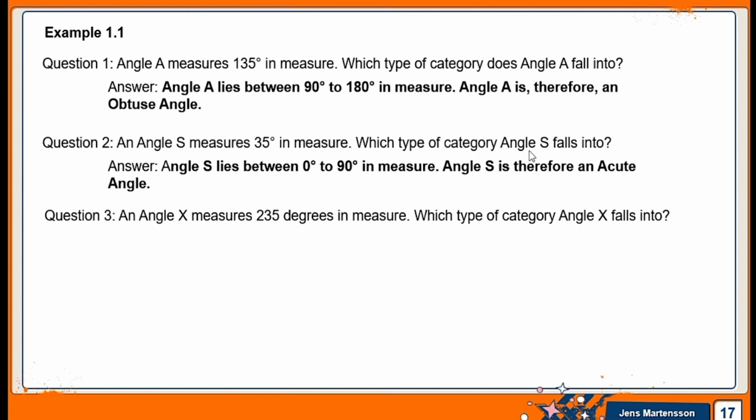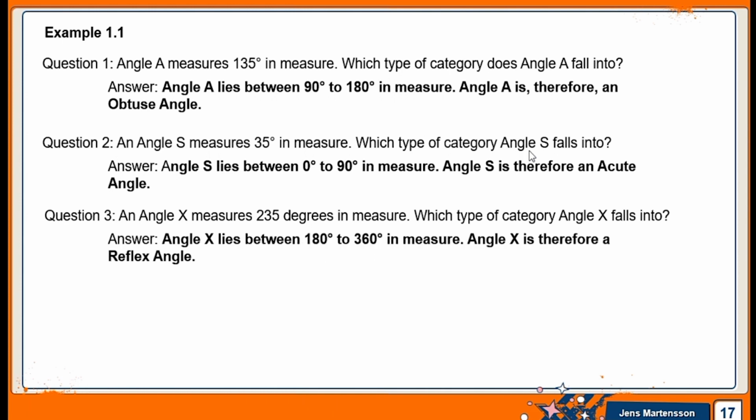So try to answer. Just comment your answer, or maybe you can pause this video and try to answer, and then go back. The answer is: angle X lies between 180 to 360 degrees in measure.